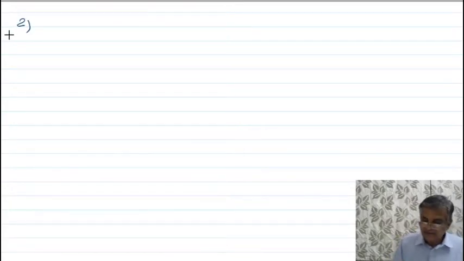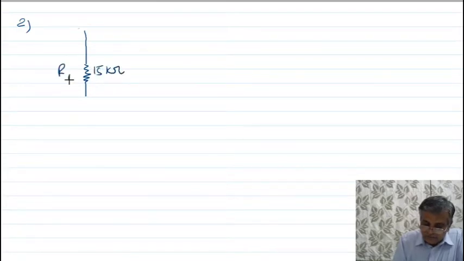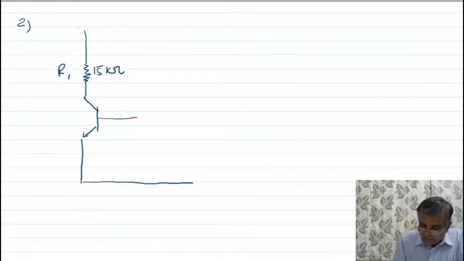Now the second numerical we are discussing. See, for the circuit as shown in the figure, I am showing you the circuit like this. They have written here 15 kilo, so I am writing 15 kilo. This is another transistor.